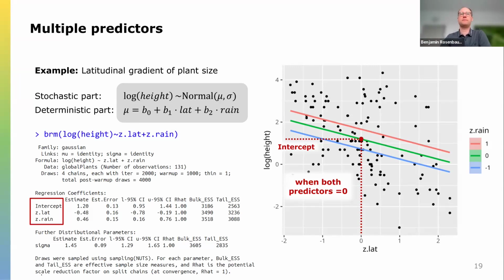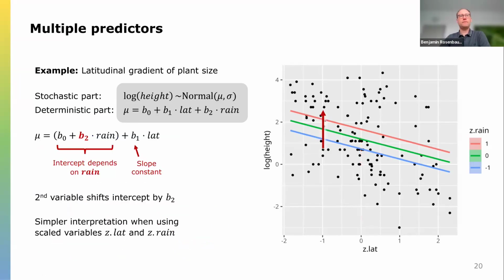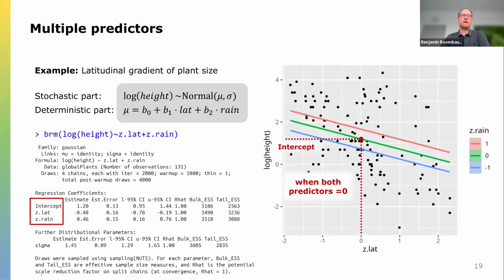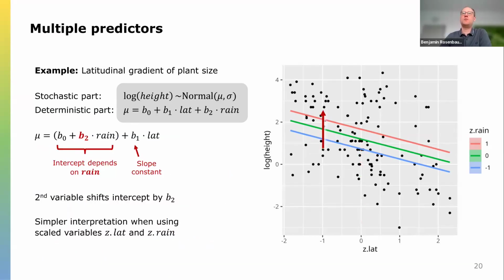So that's the intercept. And here in this case, rain. If I just look at latitude, or the plot of response versus latitude, then the second predictor, rain, tells me how much the prediction changes the intercept for these 3 regression lines here.